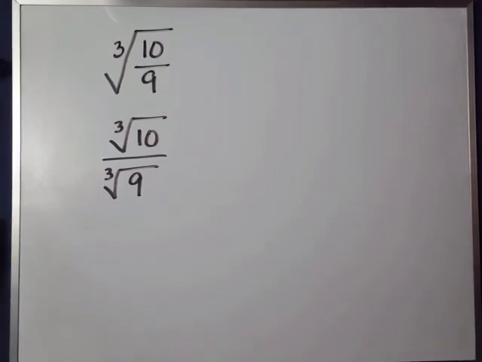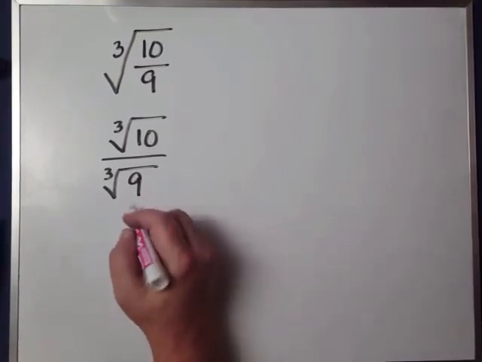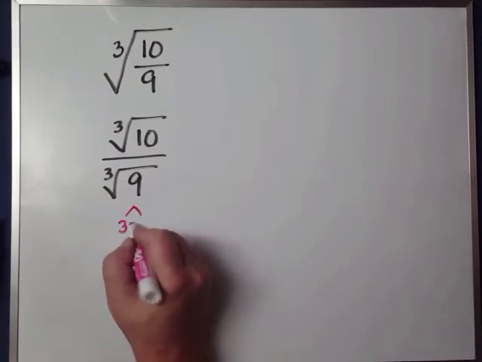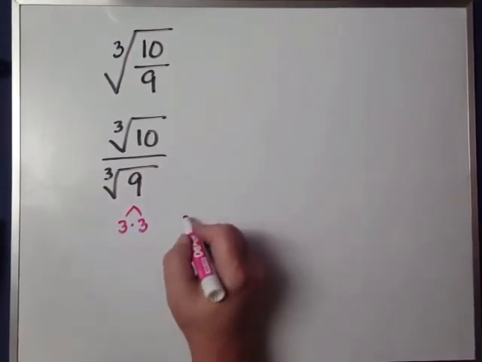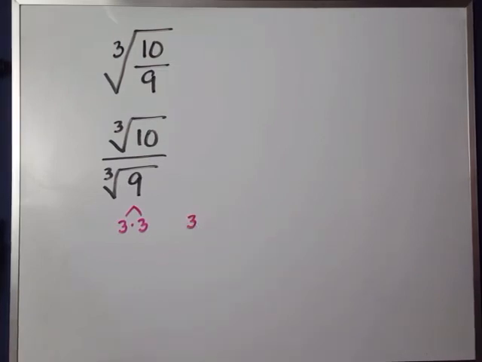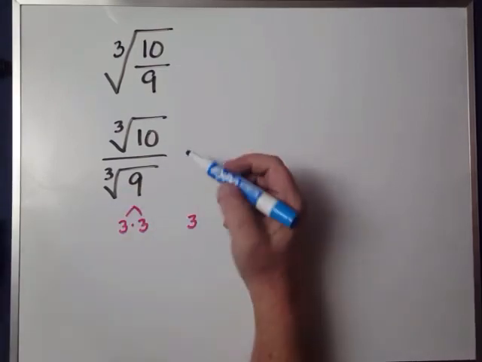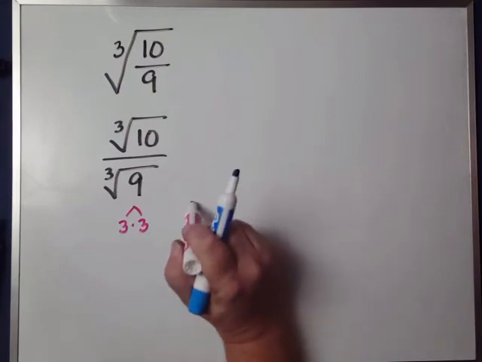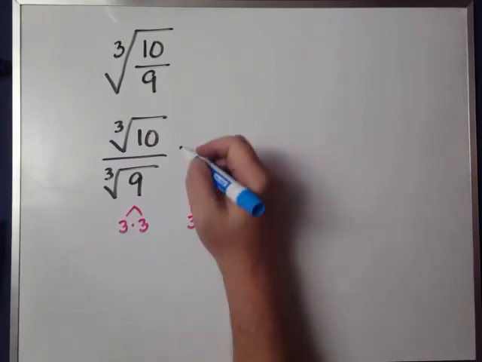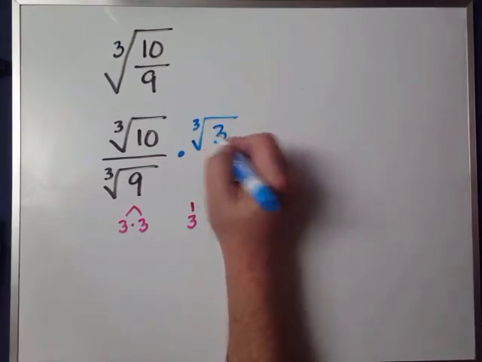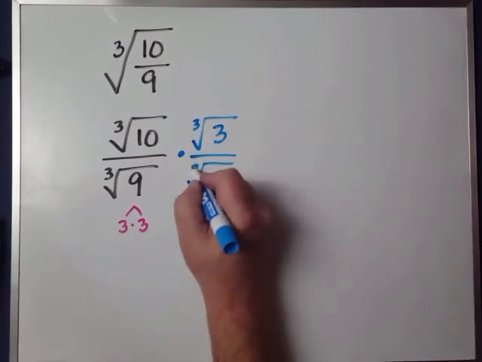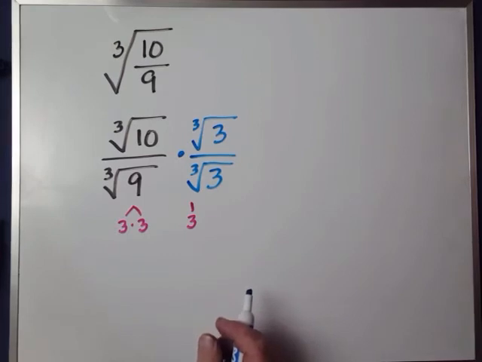I want to figure out what I'm going to use to rationalize this denominator. 9 is already a pair of 3's. So what do I need to get 3 of a kind? One more factor of 3. Let me multiply the top and bottom here by the cube root of that one more factor of 3 that I need to get my 3 of a kind.